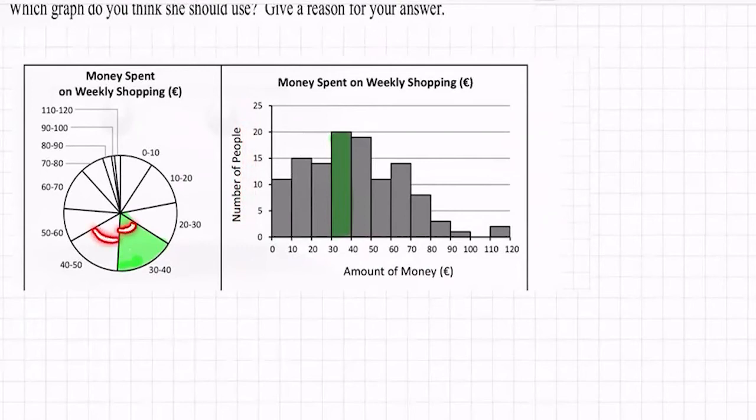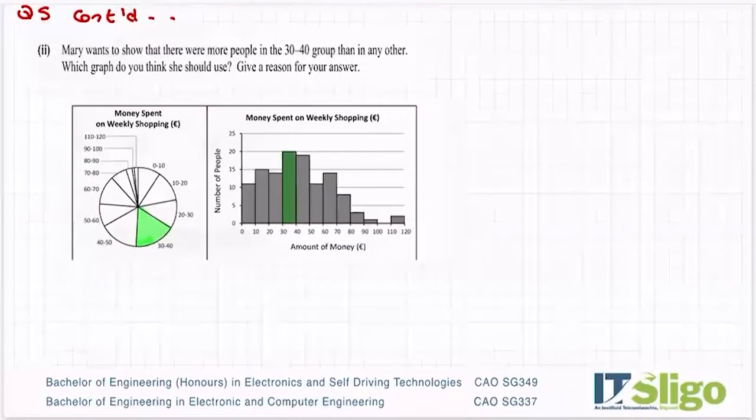Okay, if I had the size of the angles here in the pie chart, then I could easily see this was the biggest slice of the pie. But I don't have the angles in the pie chart, but I do have the frequency or the number of people on the histogram. And you can see that that is clearly the highest bar. So the most people spent between 30 and 40 euros.